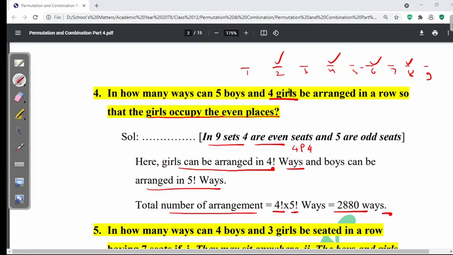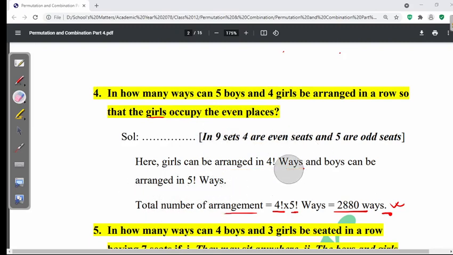As girls are in even places, boys are in odd places: 4 even places for 4 girls, 5 odd places for 5 boys. That's why 4 factorial times 5 factorial, that is 2880. Now moving to the next question, question number 5, dear students.